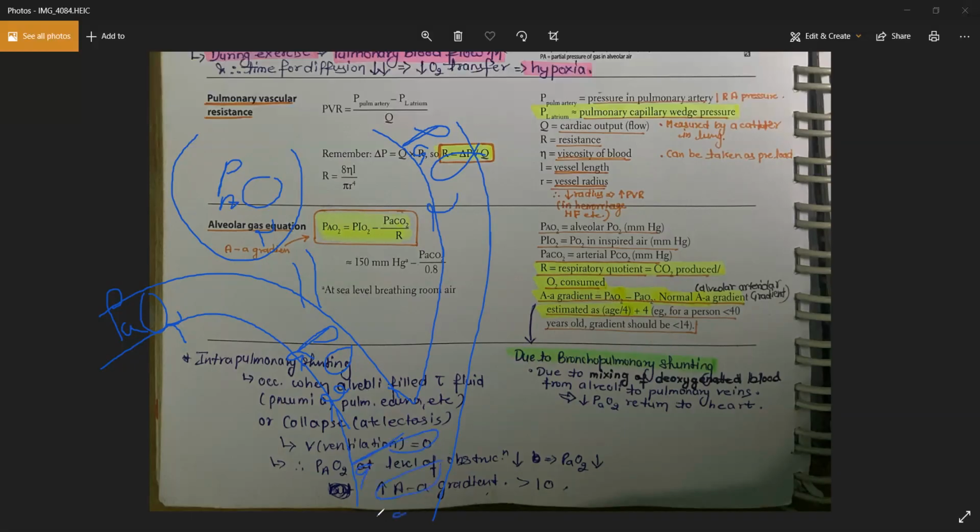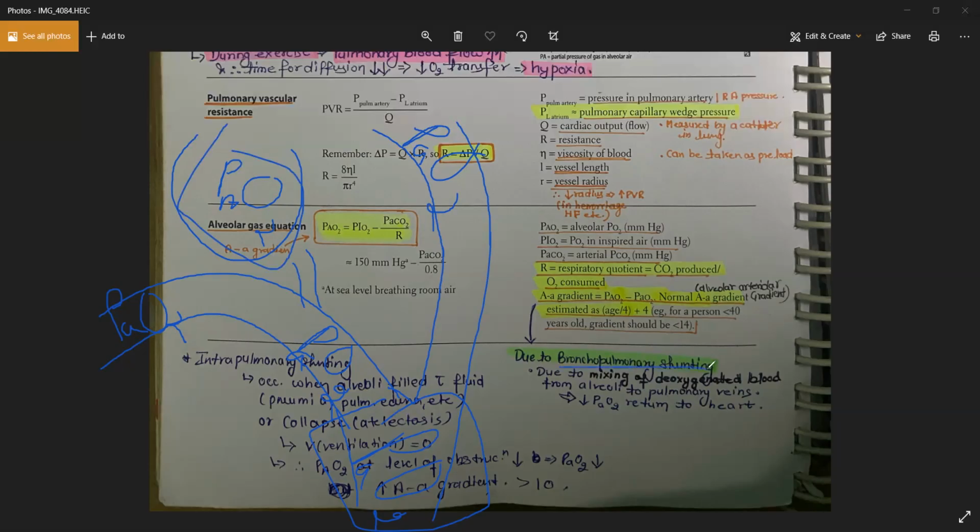When you measure the change in the partial pressure of oxygen in the blood after it leaves my lungs, you will get a difference between the PAO2 in the alveoli and the PaO2 in the vessel. This difference is known as the A-a gradient. This happens because of the bronchopulmonary shunting.